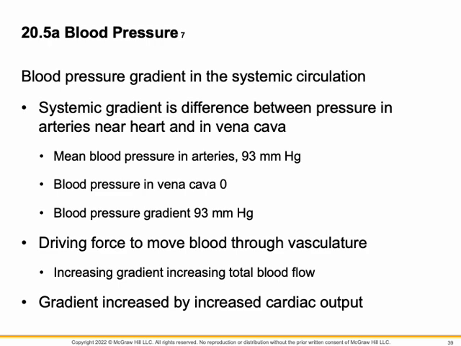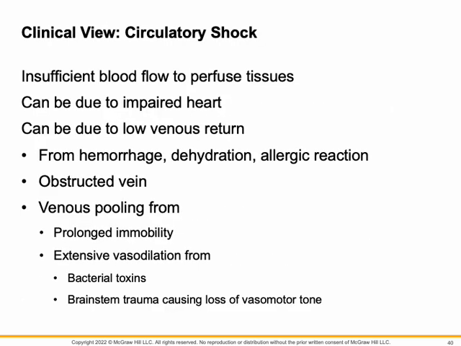And so for blood pressure, this is a summary slide to consider. Mean arterial pressure, blood pressure, what's promoting the flow of blood, the gradient caused by the cardiac output, high pressure to low pressure, and then this last one, circulatory shock.